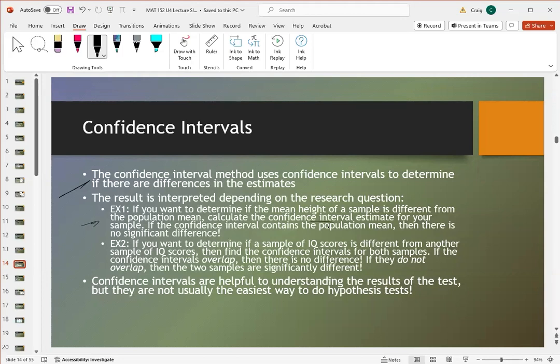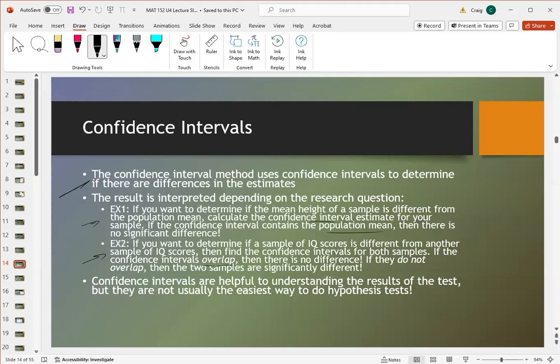And if the population mean value is within the confidence interval, then they're not different. If the population mean is outside of the confidence interval, then they would be different. If you have two samples of IQ scores, you can find two confidence intervals. And if the two overlap, then there's no difference between them. If the two confidence intervals don't overlap, then the two samples are going to be significantly different.